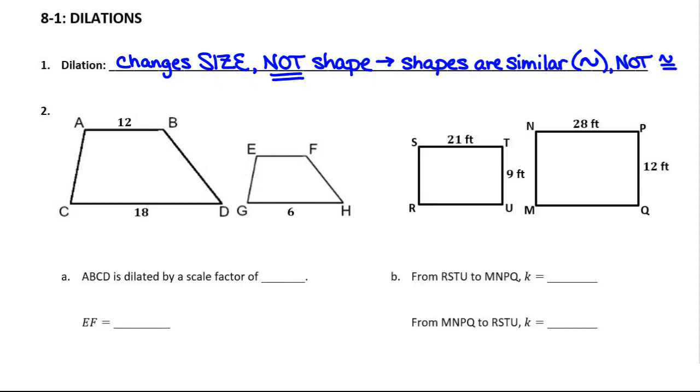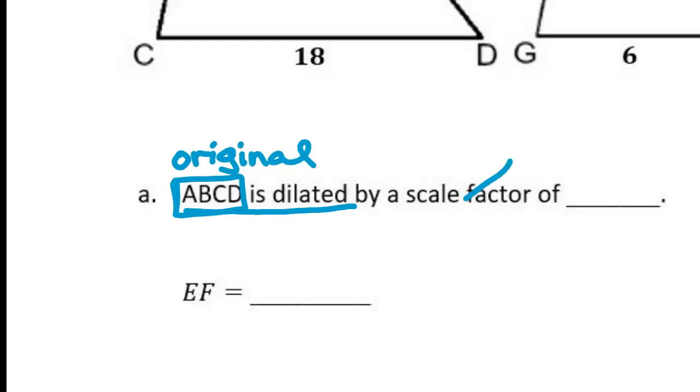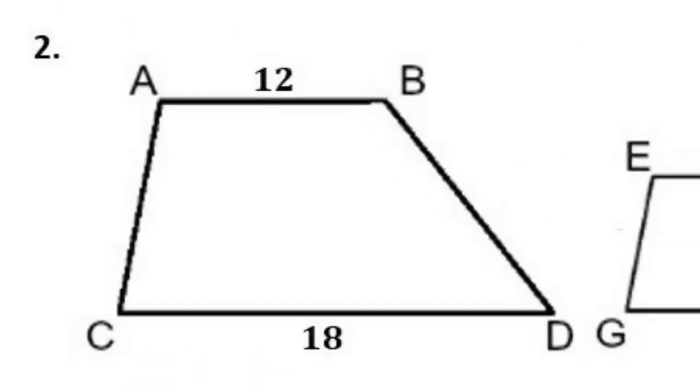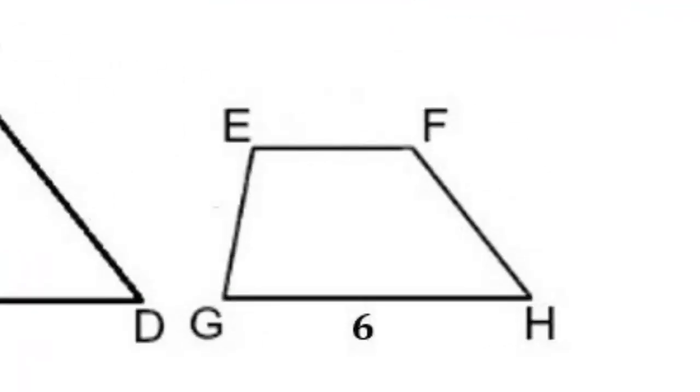Number 2, part A says ABCD is dilated. So if I take a shape and I dilate it, then the shape that I started with is my original. So this shape right here is what we started with, my original shape, which means that EFHG is my new shape.